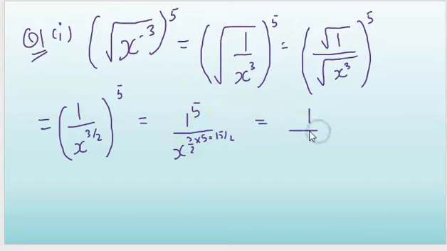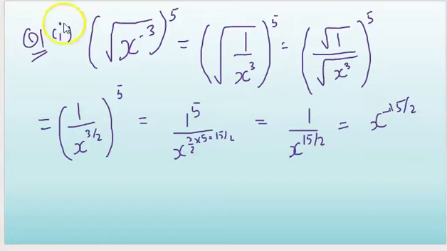Now in the denominator it will be x raised to the power 15 upon 2. Are you following? Go through it carefully students. Or if I write this in another form, I can write it as x raised to the power minus 15 upon 2.